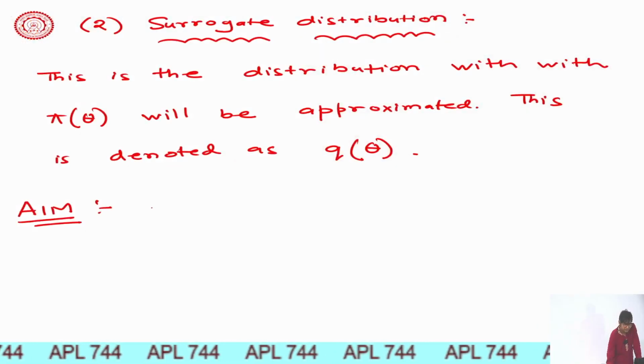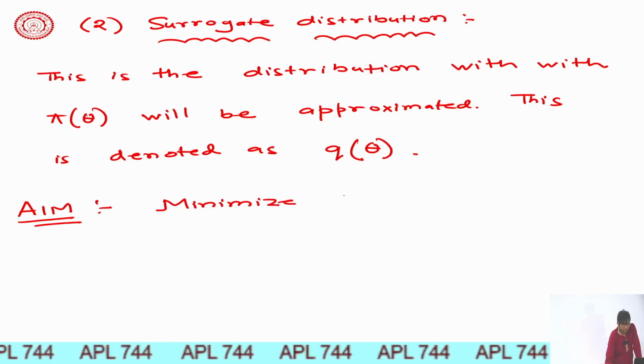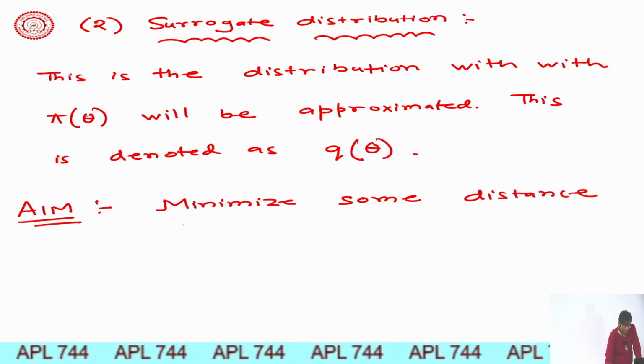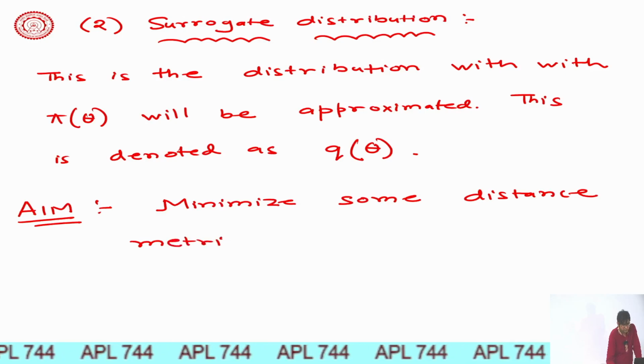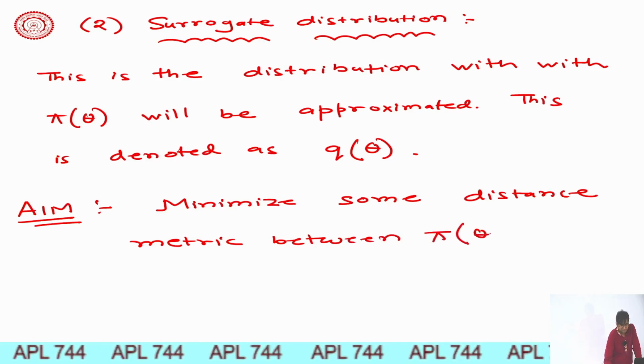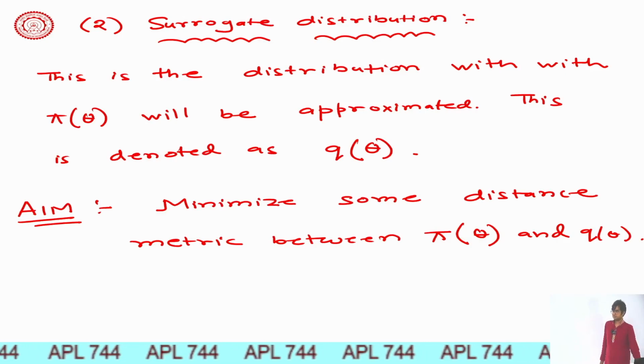Make q theta as similar as possible to pi theta, right? Or minimize some distance metric between these two distributions, right? So the aim is to minimize some distance metric between pi theta and q theta. That is what you will want to do, correct?